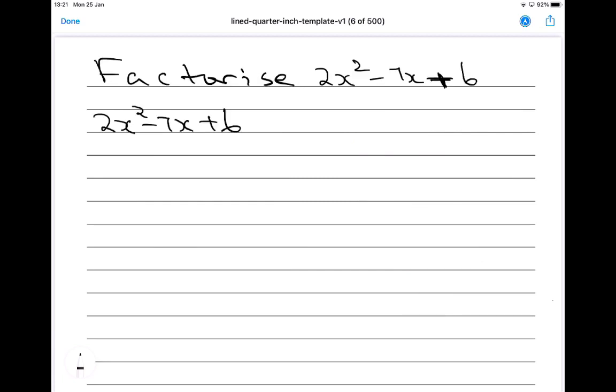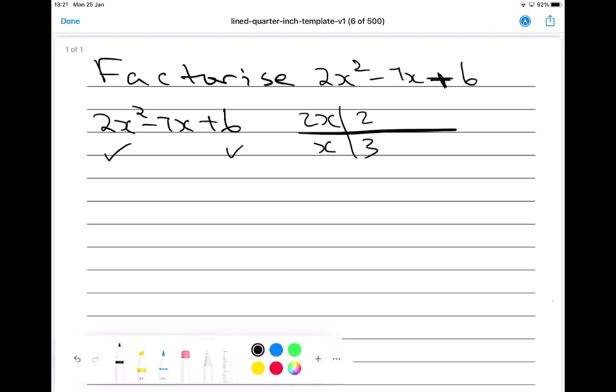Here's another example. Factorize 2x squared minus 7x plus 6. So using that approach, I'll draw that. The first term is 2x squared, which can be written as 2x multiplied by x, or if you want 1x. Then jump to the 6 there. Now 6 is 2 times 3, so maybe you can try a 2 here and a 3 here. Then check now.